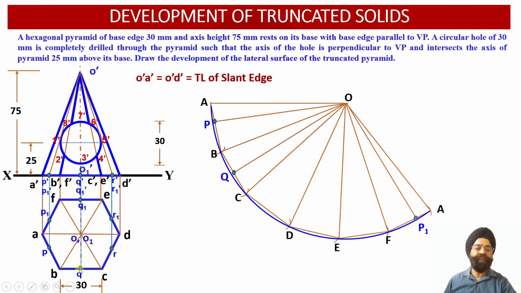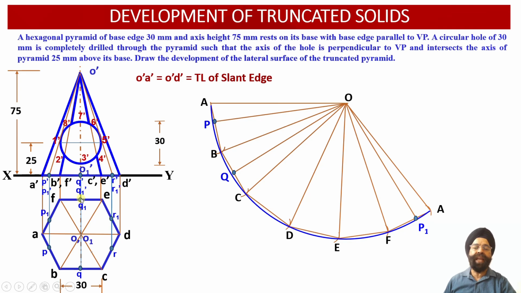Now the next point available is point Q. So we know that point Q happens to lie on the front side on the midpoint of the edge BC over here. So on the midpoint of the edge BC into the developed view, we have marked the midpoint over here. Now point Q has been located. Now we can join this generator OQ into the development surface area over here.